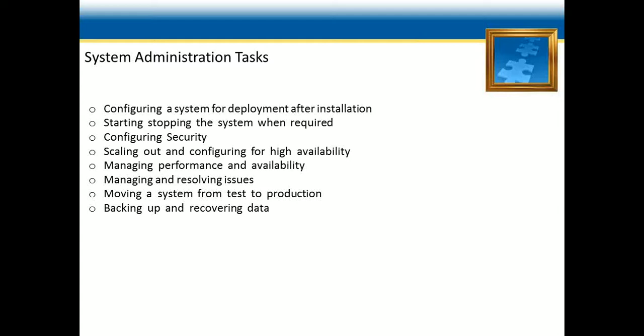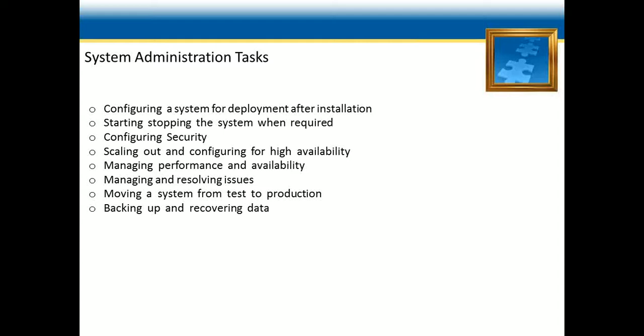First of all, I will cover the system administration tasks you should know if you are an OBI administrator. Configuring a system for deployment after installation, configuring metadata and content, general preferences and default system settings are in this. Starting and stopping the system when required means bringing the system up and down during system maintenance tasks.